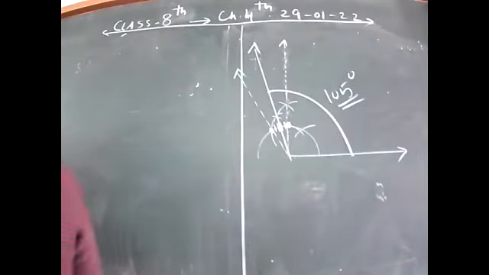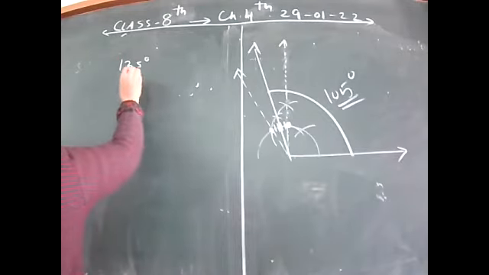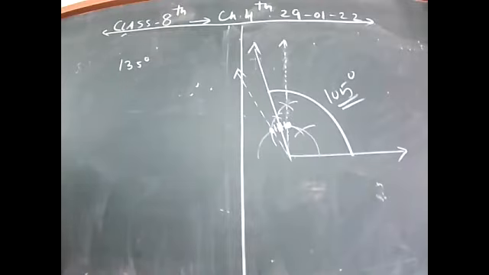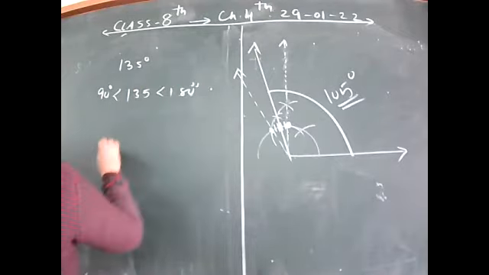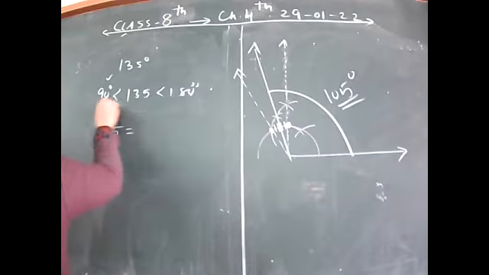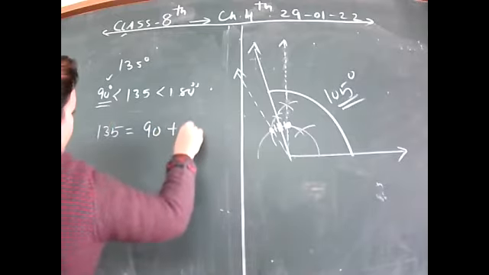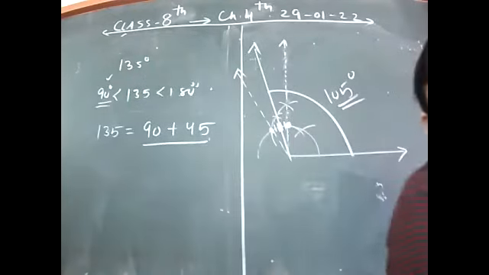Next, I am starting with 135 degree. You all know this 135 is a multiple of 15 and can be constructed with the help of the compass. And moreover, this 135 lies between 90 and 180. So it means पहले आपको 135 बनाने के लिए you reach to 90 and इसमें 45 add होगा and you will get 135.